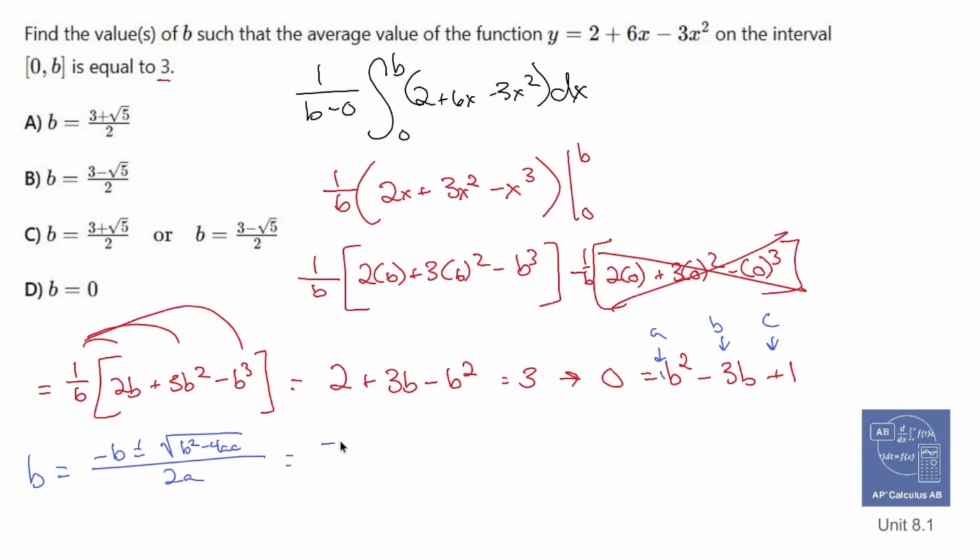That's going to give me negative negative 3 plus or minus the square root of negative 3 squared minus 4 times invisible 1 times regular 1, all over 2 times 1. So 9 minus 4 is 5, all over 2. So I'm going to have 3 plus root 5 over 2, or also 3 minus root 5 over 2.